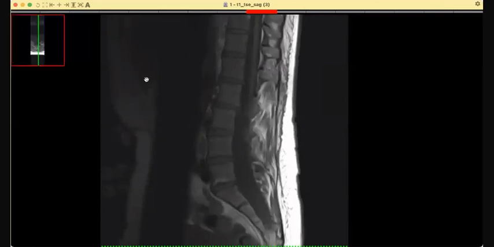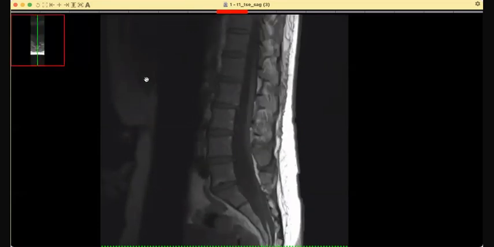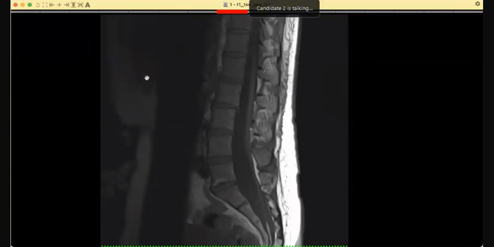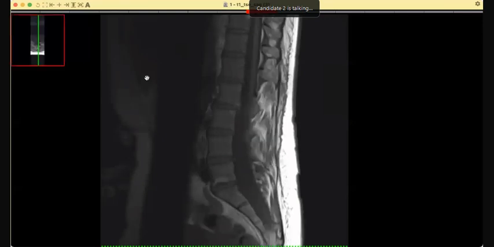Right. I'm showing you a T1 weighted sequence. Do you see anything to explain the tethering of the cord? Okay, looking for any lesions.